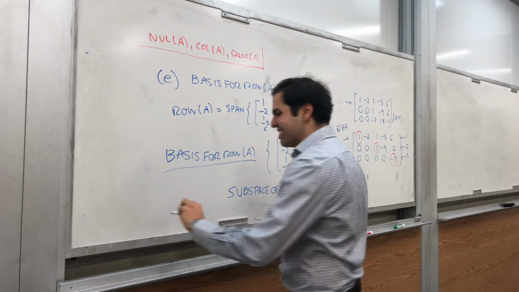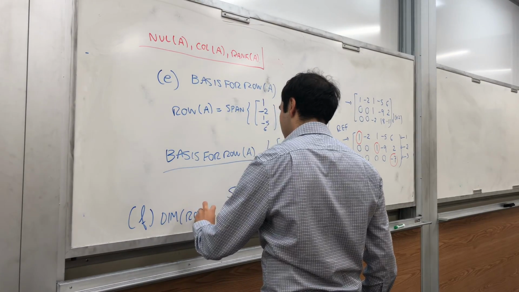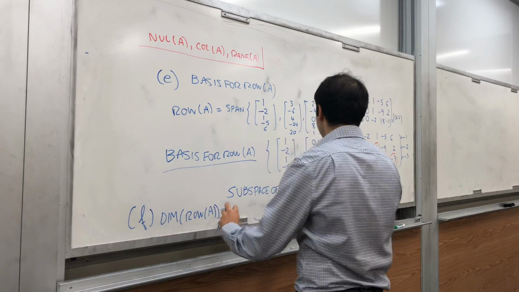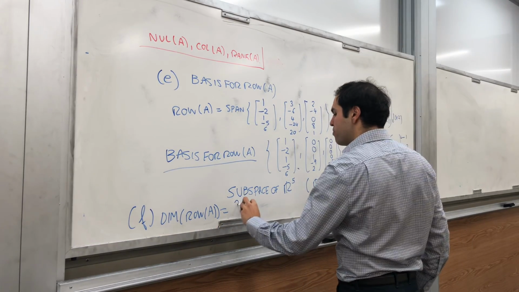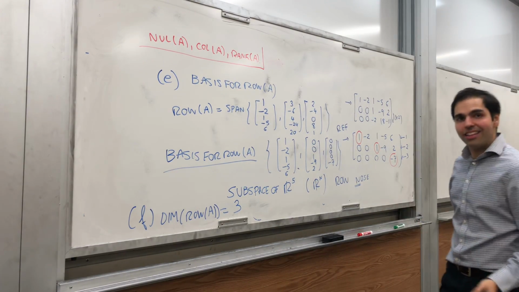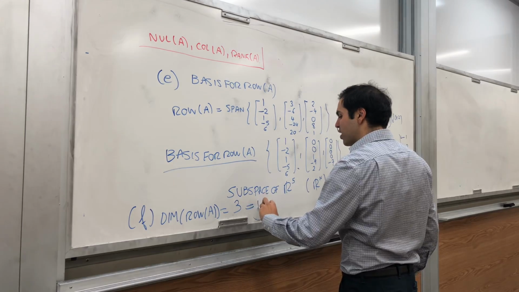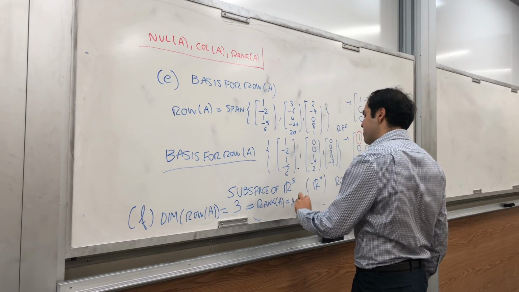Okay, lastly, what is the dimension of row of A? Well, the nice thing is we found a basis, just count the number in the basis, which is 3, and it turns out, incidentally, that's the same as the rank of A, because that's the same as the number of pivots.